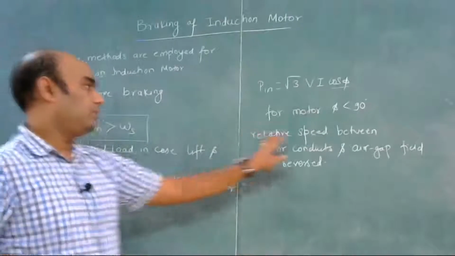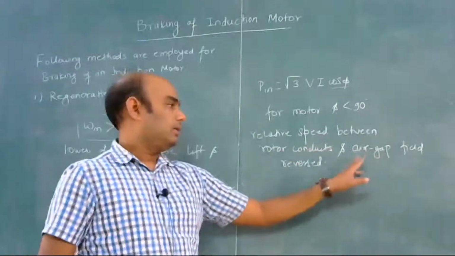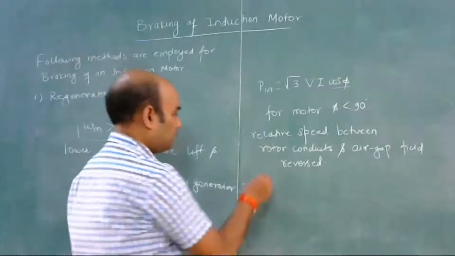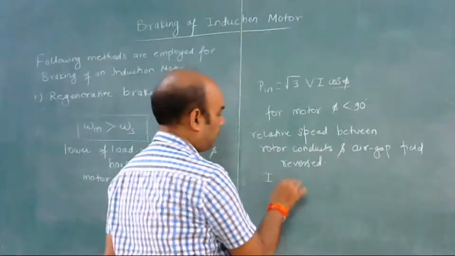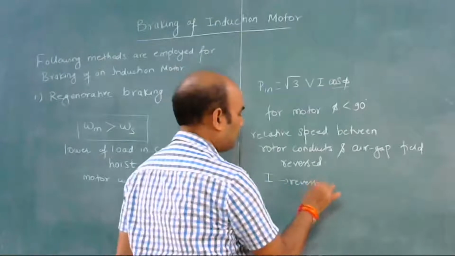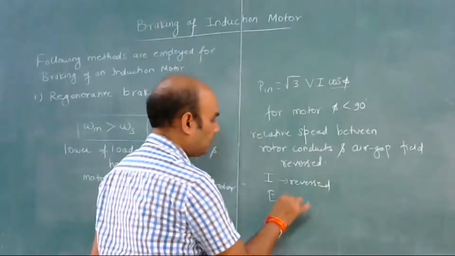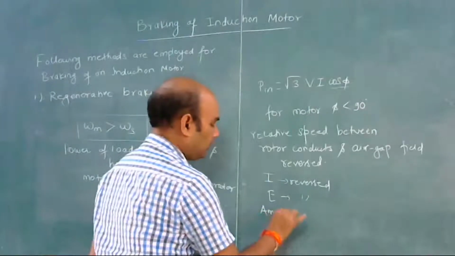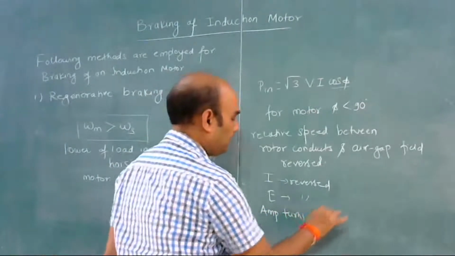So the rotor current will get reversed, the induced voltage will be reversed, and the ampere turns will be reversed.